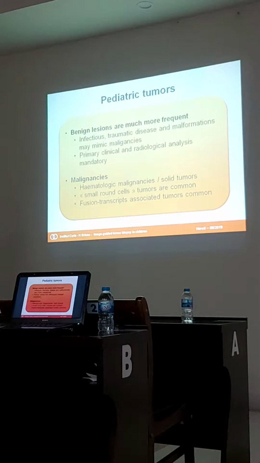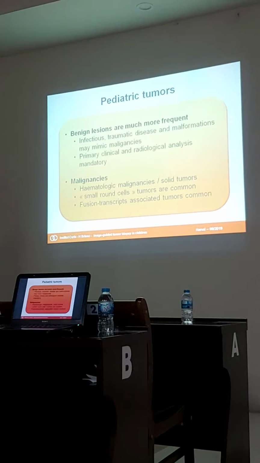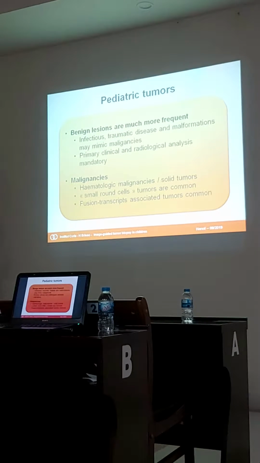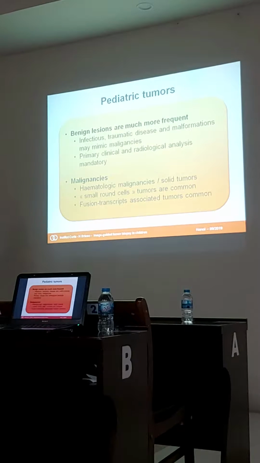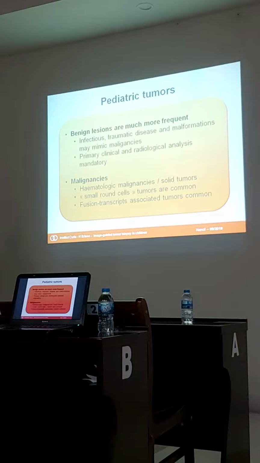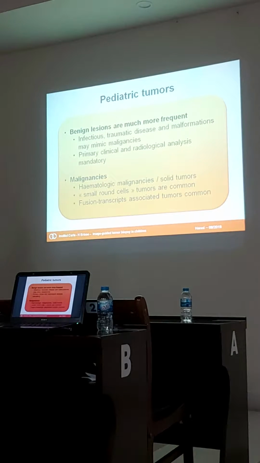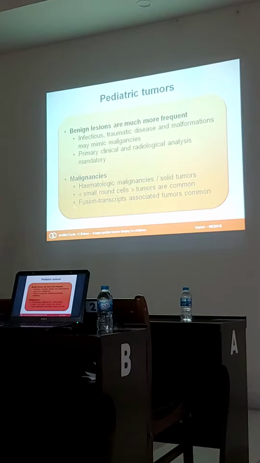Second point is that we are facing a lot of small round blue cell tumors, which are very frequent, a large basket in which you can find many diseases like Ewing sarcoma, rhabdomyosarcoma. So a lot of tumors have the same morphological presentation or pathology, and the diagnosis is obtained with other markers like immunohistochemistry or genetic analysis.